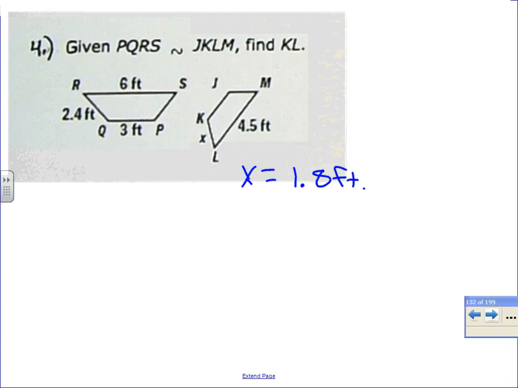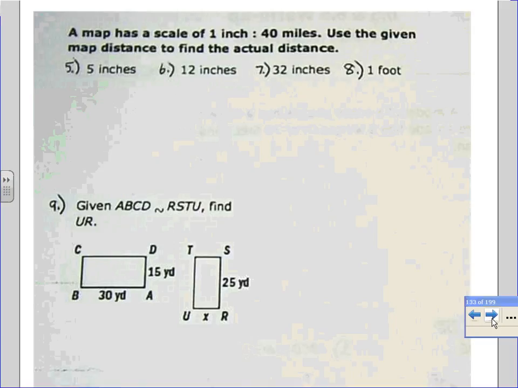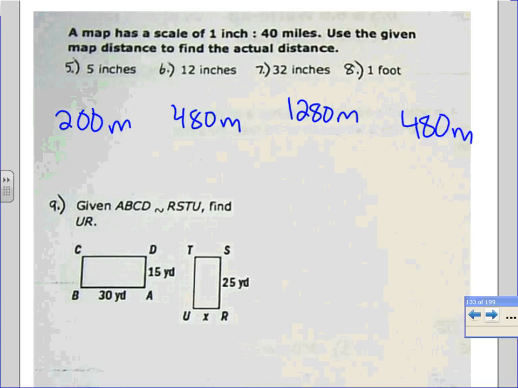Adam, what'd you get for 5? Good, 200 miles. Briar, number 6. Good, 480 miles. Sean, number 7. Good. Number 8, Matt. Good, 480 miles.